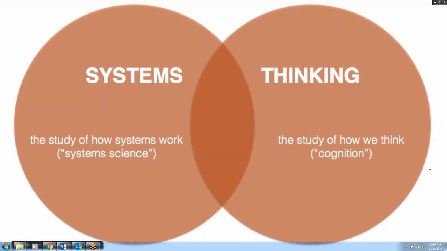A lot of what you hear about as systems thinking focuses on the system side of things without integrating the cognitive science piece.